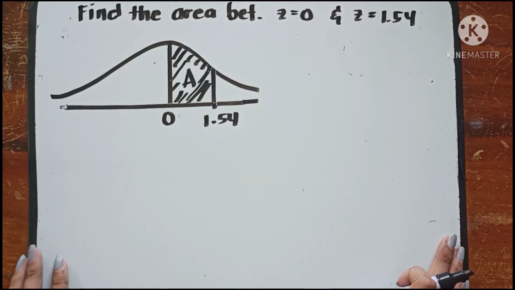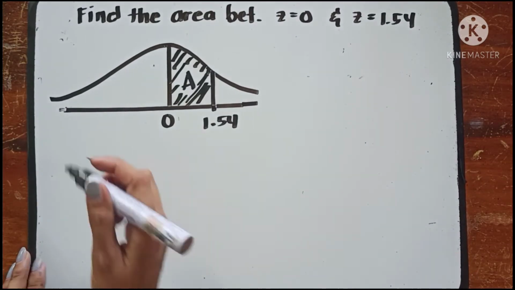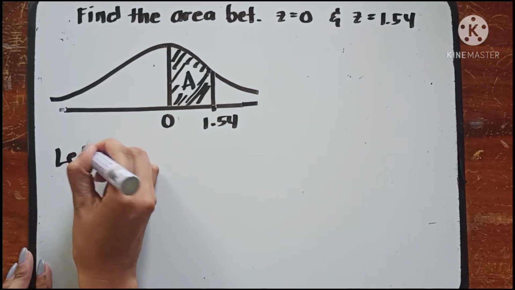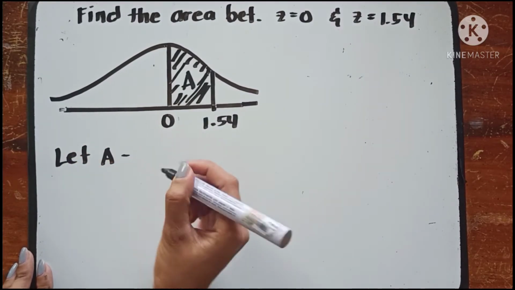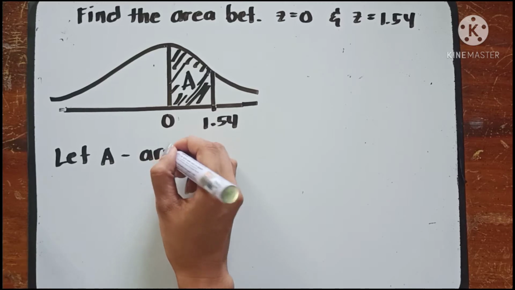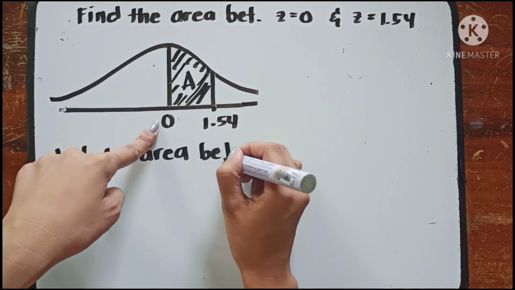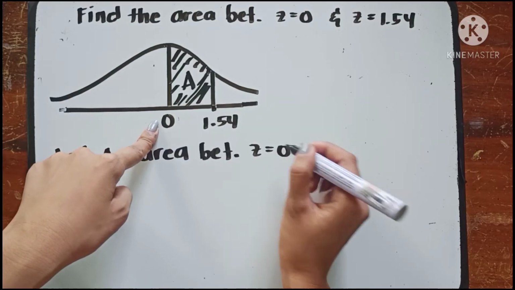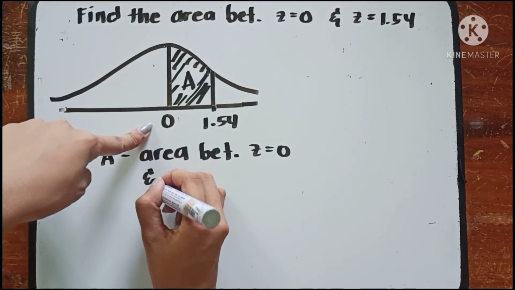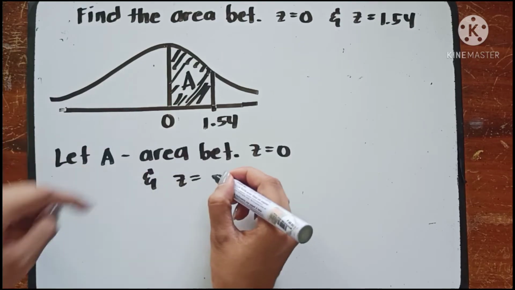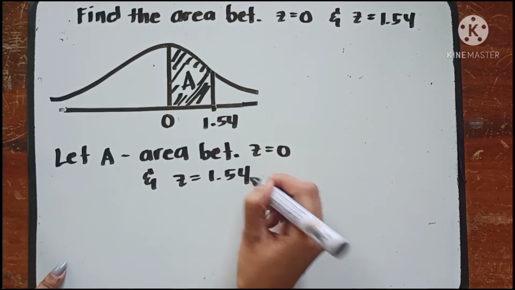Okay? And since naglet tayo ng A, we let A be the area. So, itong A na to is the area between Z is equal to 0 and Z is equal to 1.54.